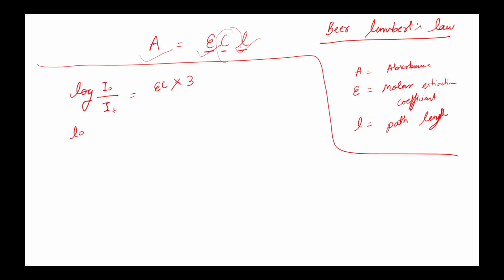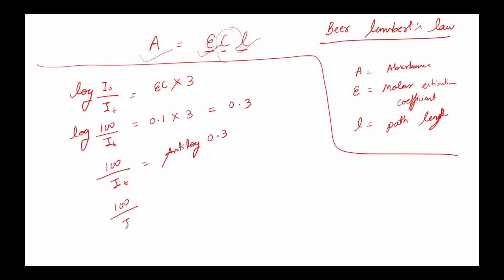So the value of EC is 0.1 into 3, so that will be 0.3. To find out I, we have to take the antilog of 0.3.